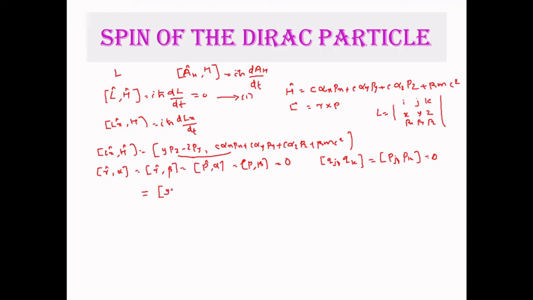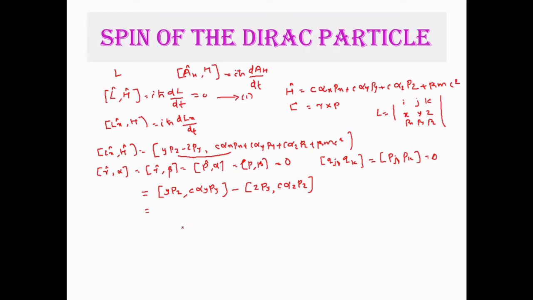So we can write it as [y P_z, c α_y P_y]. Similarly, when you consider the second term, z commutes with P_z. So we can write only the commutator [z P_y, c α_z P_z].